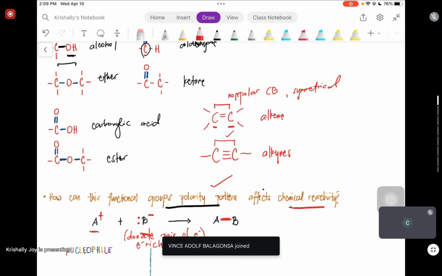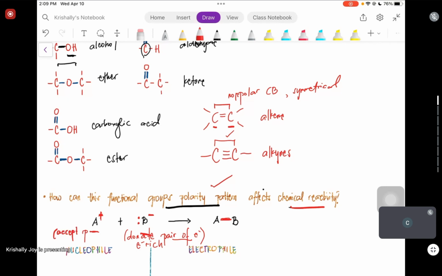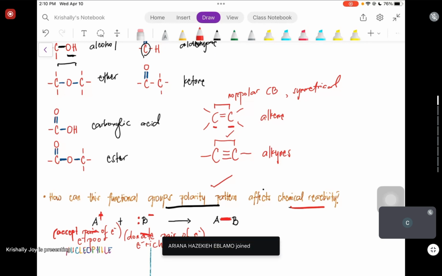The positively polarized center molecule will accept the pair of electrons being donated to it. It is the electron-poor atom. So that's how bonds are made and a product is formed in a polar reaction. One will donate a pair of electrons, being electron rich. The other will accept that pair of electrons, being electron poor.